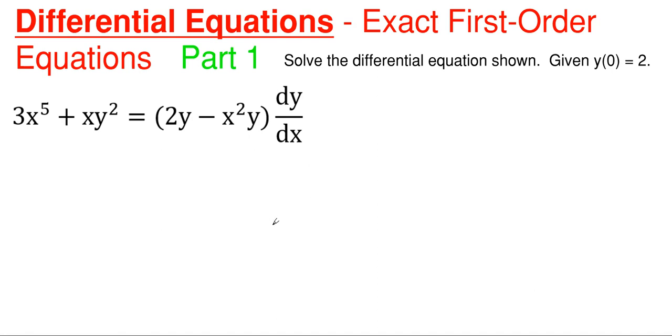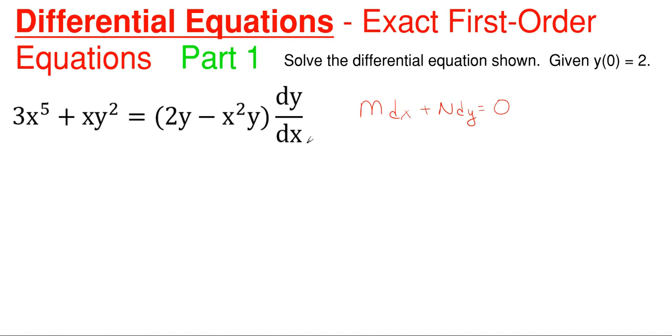So when dealing with a possible exact first order, we are going to have to write it, or at least try to rearrange this portion in a version of M times dx plus N times dy is equal to 0. So let's rearrange all this and try to get something times dx and then something times dy all equal to 0.